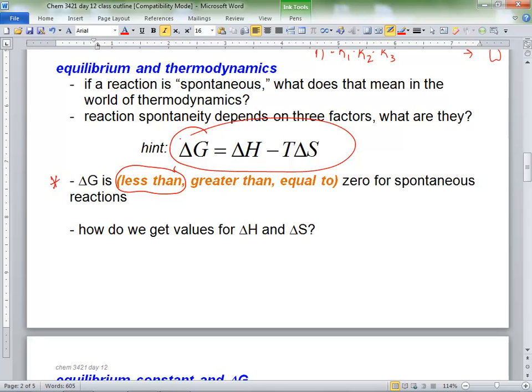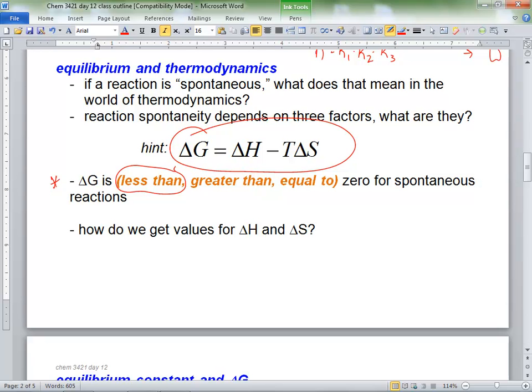What the question was, what would help delta G be negative? Delta H should be positive or negative? Delta G should be negative. It doesn't have to be, but it would help, right? That's all I'm saying. How about temperature? Now, when they're doing this, I don't know if you remember using it, what units does temperature have to be in? It has to be in Kelvin.